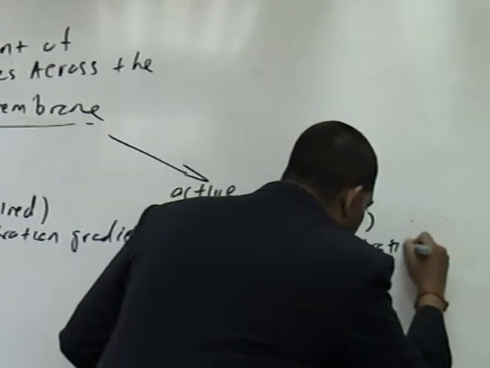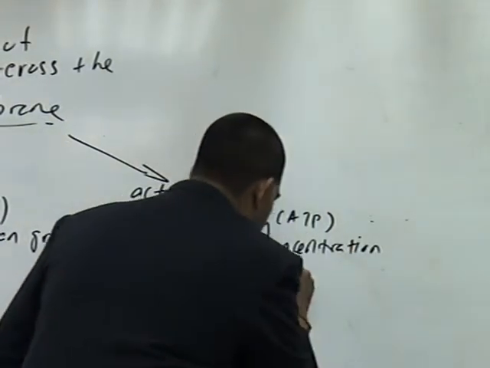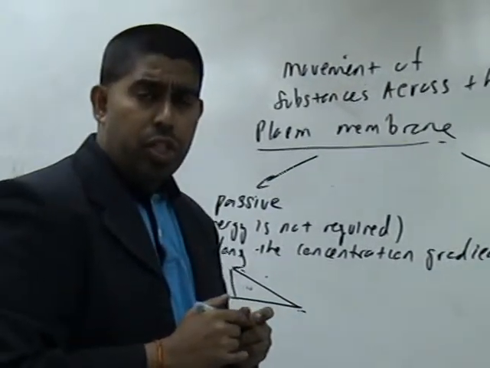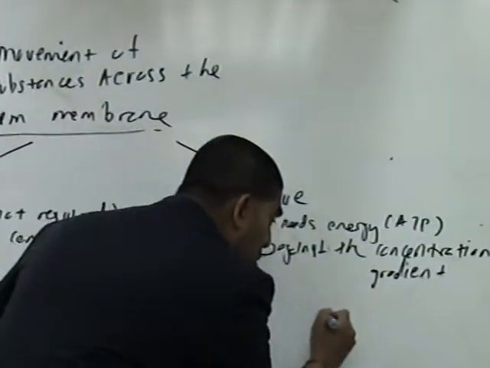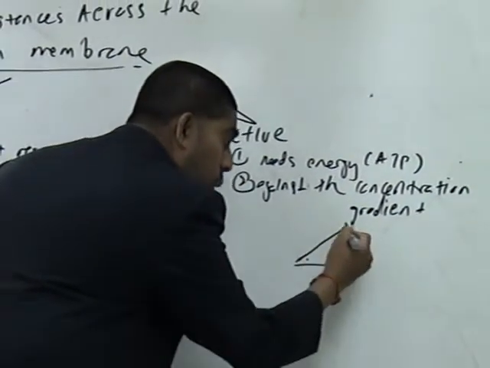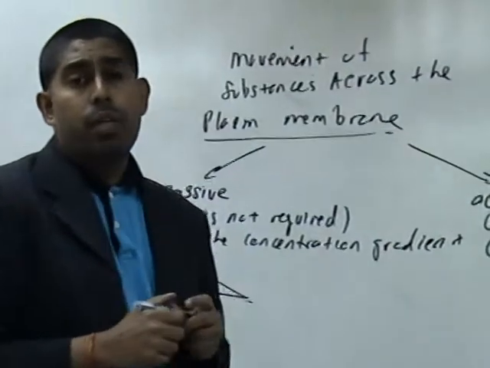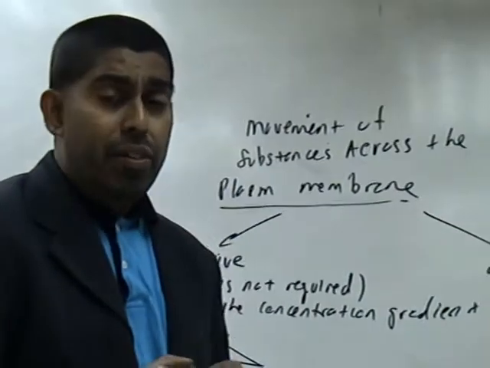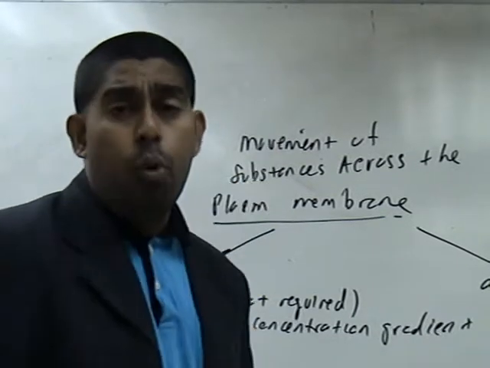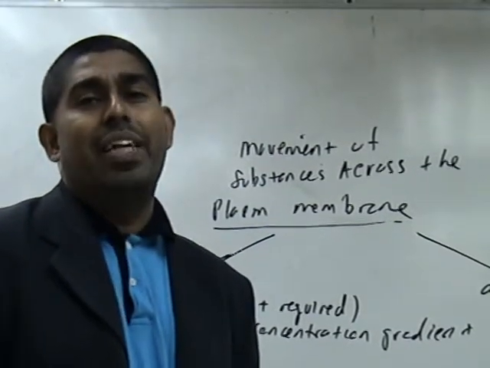What does against the concentration gradient mean? It means from a low concentrated area to a high concentrated area. That means it goes against the concentration gradient. It goes up the slope. Yes, easily understood in that manner.